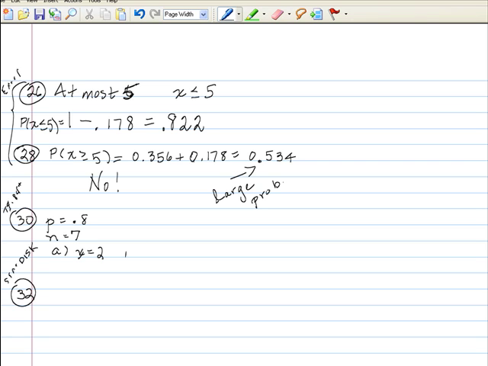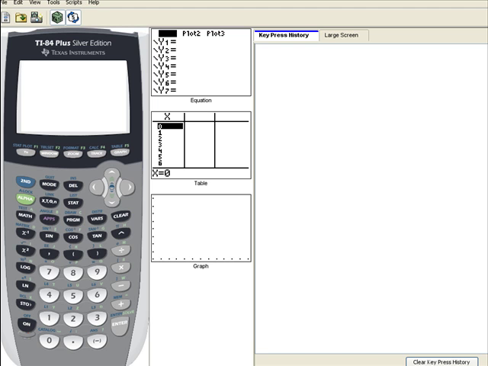Okay, so we're going to go to our calculator. This, I believe, is one we probably could find in the table, but I'm going to show you how to do it with the calculator. First of all, what we want to do is press second vars to get into distributions.